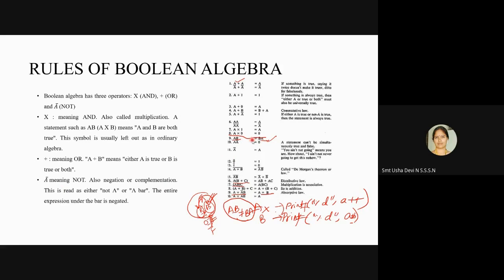Here AB means multiplication. A statement can be AB, where both are true. Either A and B are true, or B and A are true. It doesn't matter. It's like P and Q, Q and P, right?